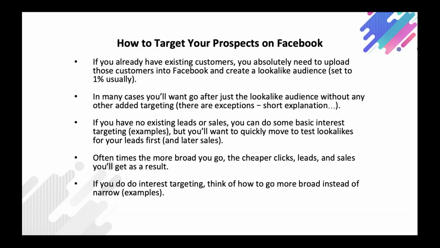On top of that, you're also assuming that all of your buyers say that they like golfing. Let's say you have 100 guys that have bought golf balls from you, or whatever it might be.